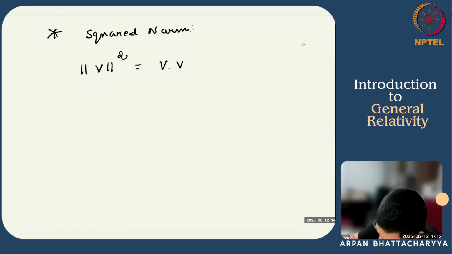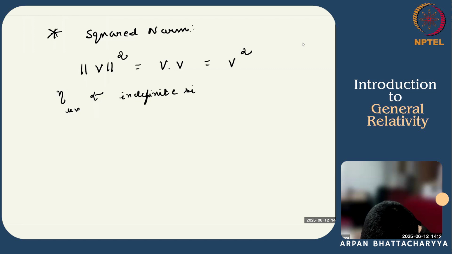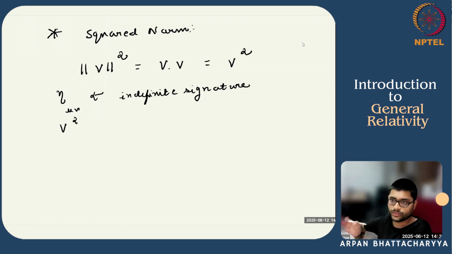We will also refer to this for simplicity as just v squared. Now we know that this η has an indefinite signature, that is, one of its eigenvalues is negative and the other three are positive. So we know that this can be positive, negative, or zero.